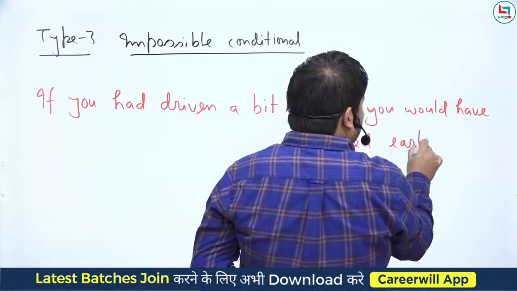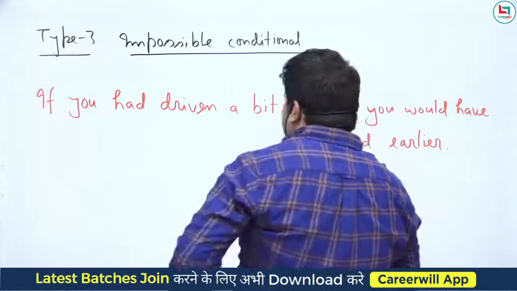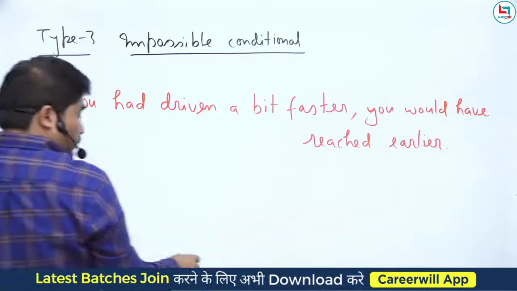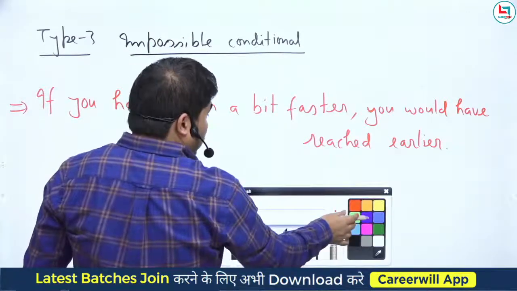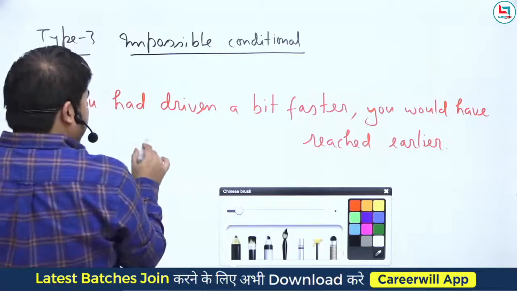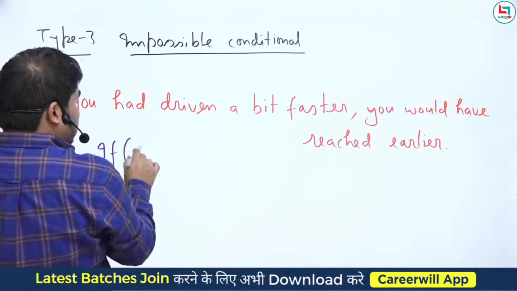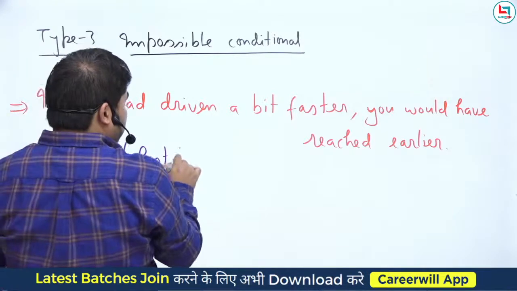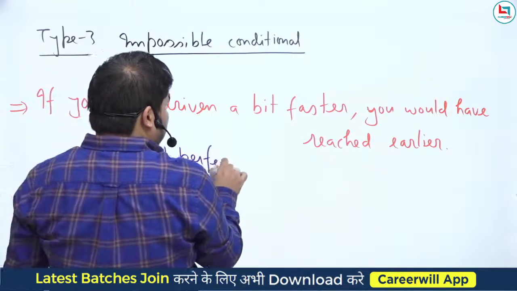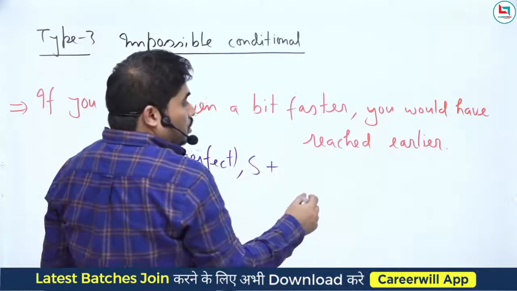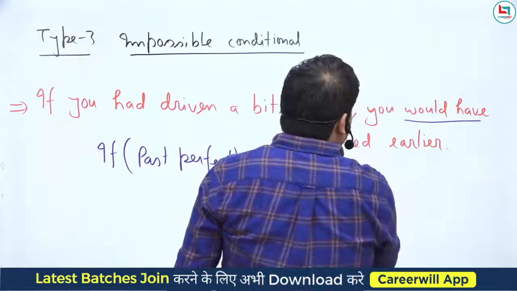You would have reached earlier. So if you had driven a bit faster, what do you see? Which is obvious. The if clause is in past perfect. This is written in past perfect, and the main clause is subject plus would have, plus the third form of the verb.